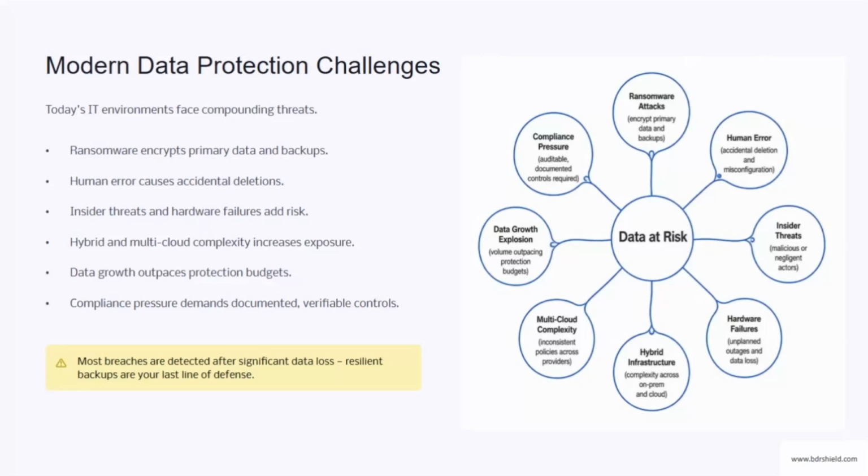So there are ransomware attacks on the backups, and human error like deletion or misconfiguration of the backups. Then you have hardware failures, like in the storage. If there is any hardware failure affecting your backup data, that's one set of insider threat, I would say. And there's a complexity of exposure when you have hybrid and multi-cloud that is not protected properly.